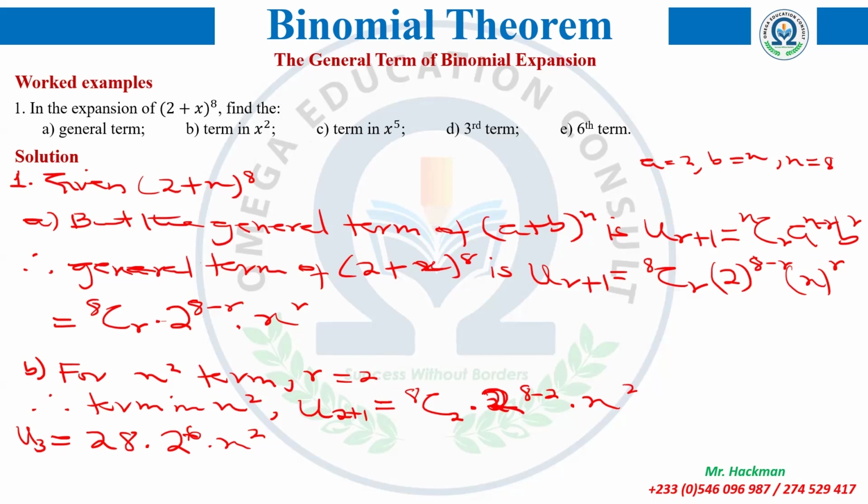So I started to think that maybe R has to be 3 so that it will also be u sub 4. Okay, that's why you said that the R must be 3. Is that not it? Yes, sir.